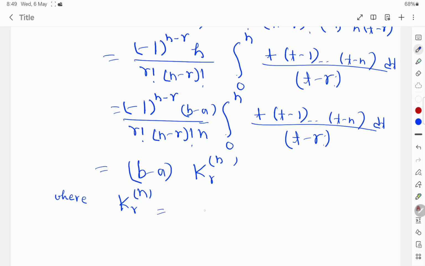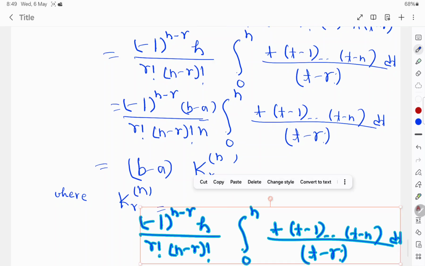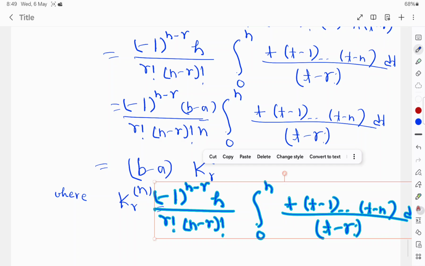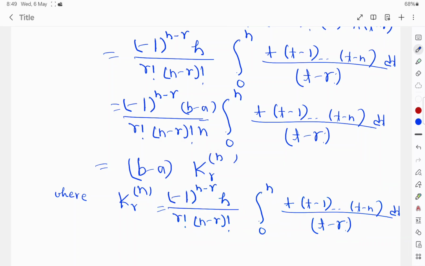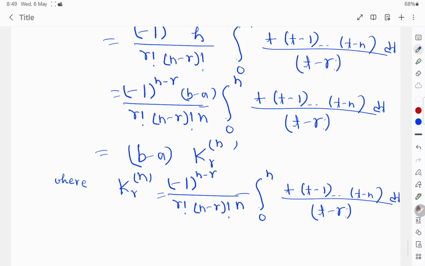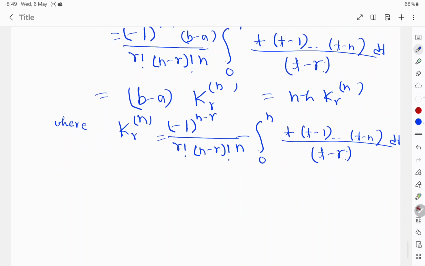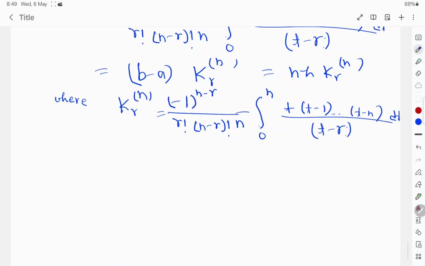All the expression you have to write. k rn is, you have to write n here. Fine. Or obviously b minus a equal to nh, you can also write, no issue. So this is the expression.